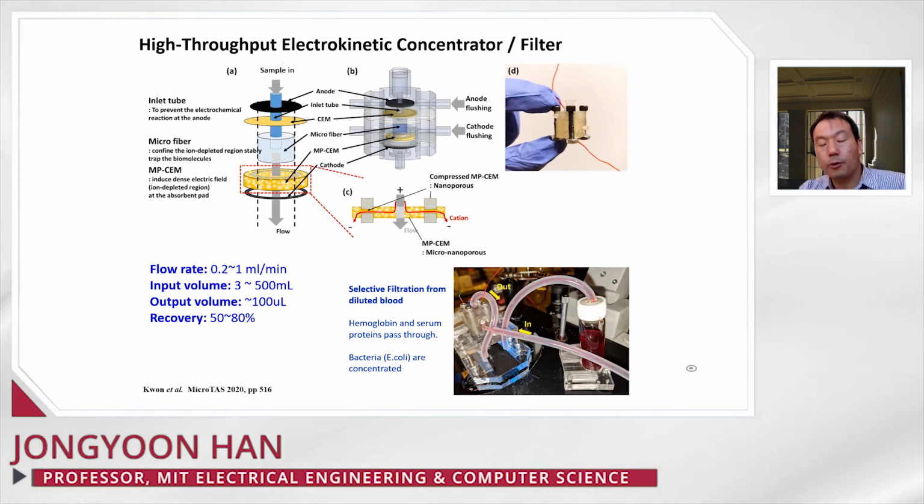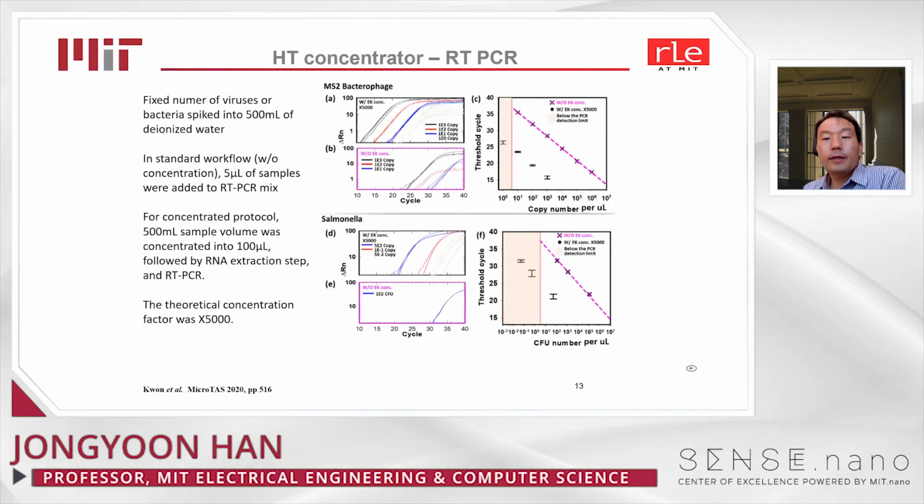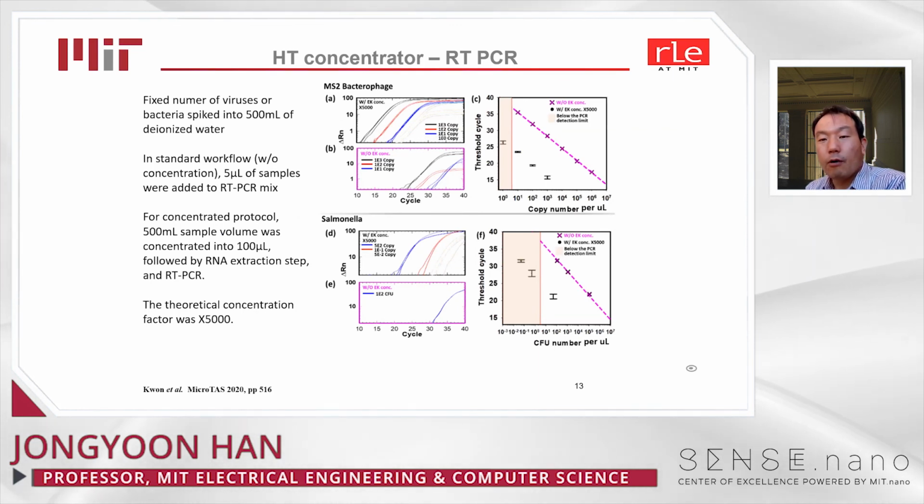We can also still achieve a selective concentration. We can collect only the nucleotides or virus or bacteria while passing background protein. Using this, we are demonstrating that we can go below the limit posed by the sampling limit, which is 10 copies per microliter.